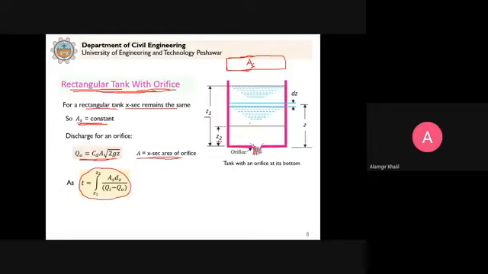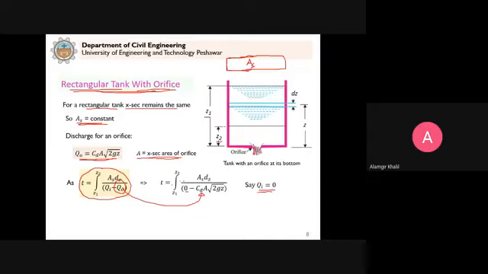So in this case, AS into dz divided by dt, the inflow discharge, is 0. As we already stated, inflow discharge will be either 0 or a constant value. Now instead of Q naught, we just write down the formula here.